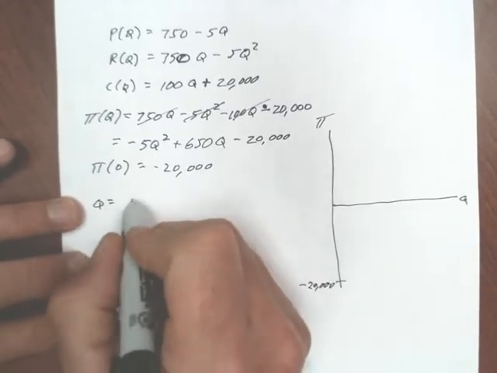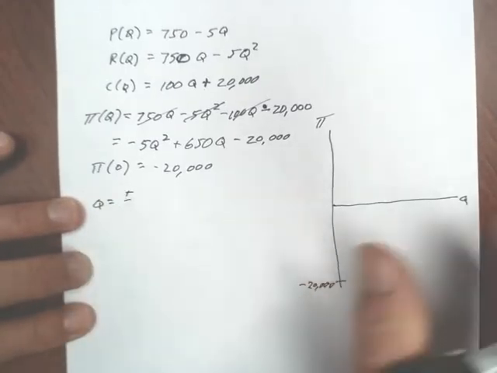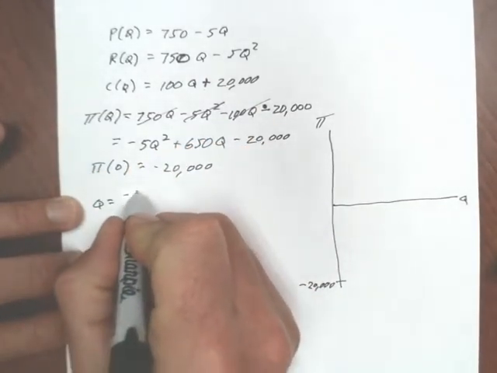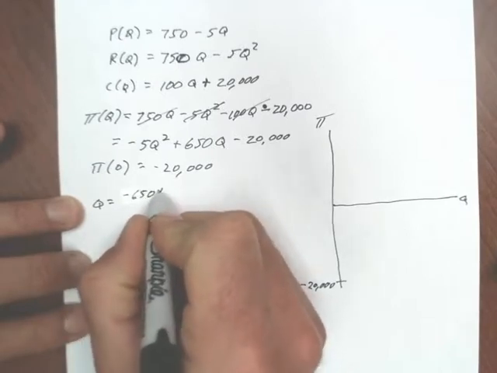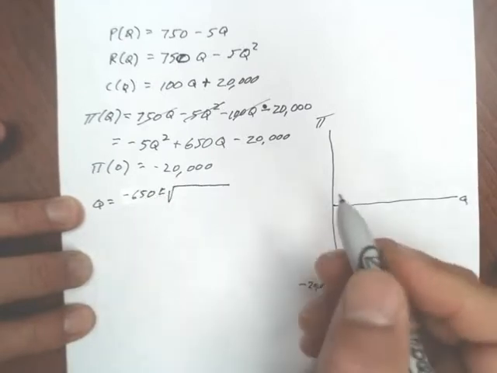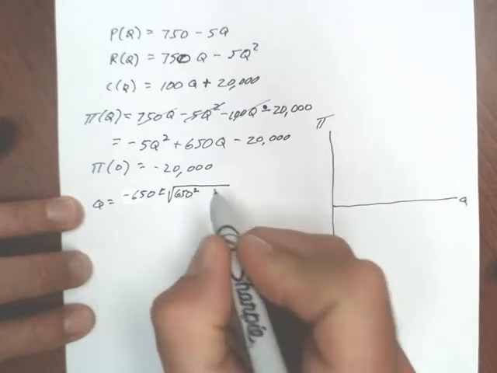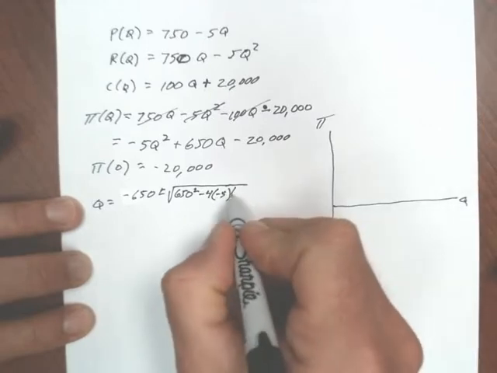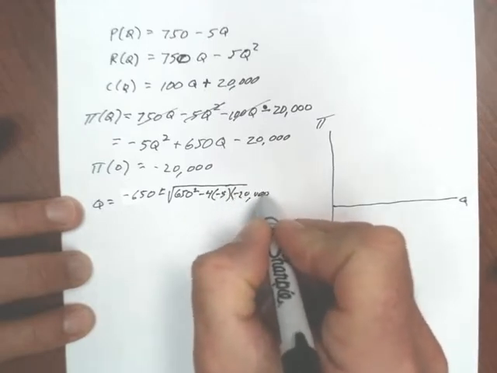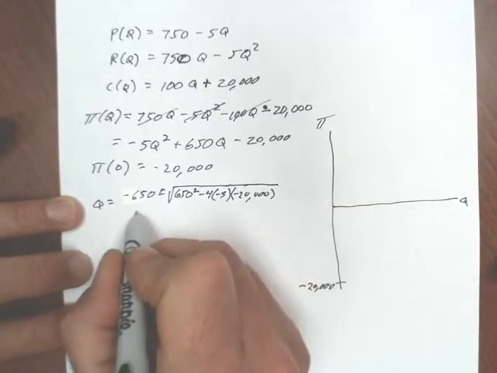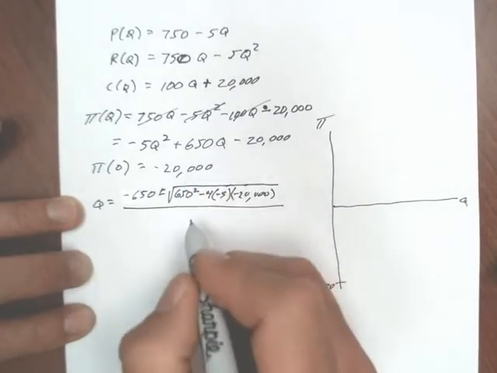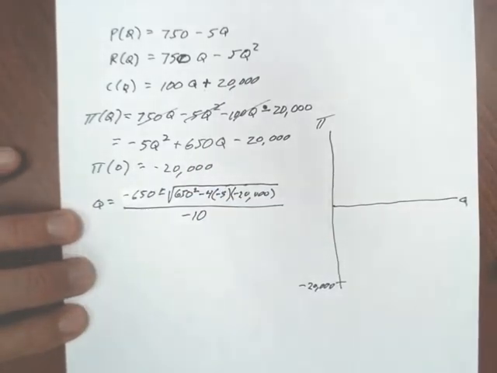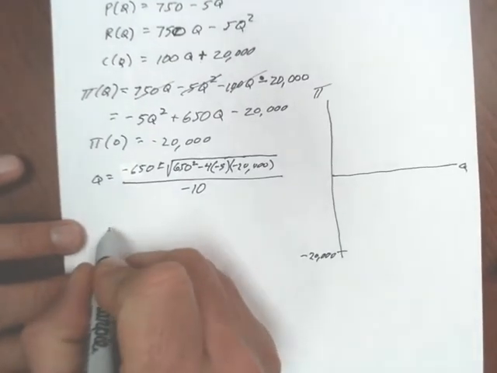Plugging this into our quadratic formula, we get Q equals negative 650 plus or minus the square root of 650 squared minus 4 times negative 5 times negative 20,000, all over 2 times negative 5, which is negative 10.